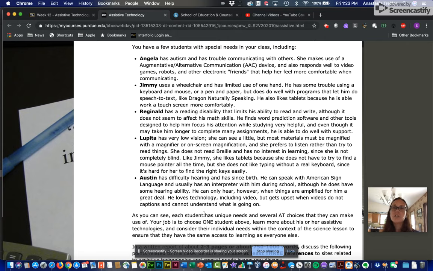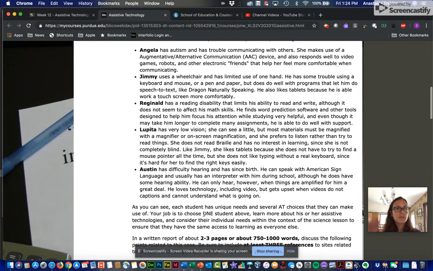In other words, she doesn't communicate with her voice very much, if at all. She also likes things like robots and electronic friends, like Blue Bee Pals, for example. Look that one up. That makes her feel more comfortable when she's communicating. Otherwise, she would prefer not to speak because that's her nature, the nature of her disability.